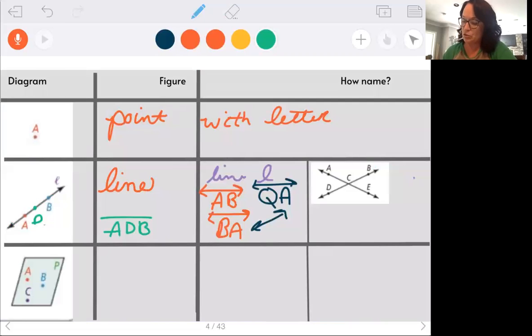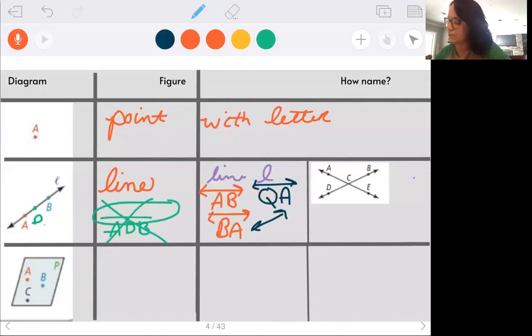We pick any 2. You could have picked A and D, D and B, A and B, it doesn't matter, in any order. Also, on the top right here, we need to make sure that we use the line symbol. Even though you might say, well, I know what I'm talking about, it's bad notation and you won't get full points for geometry.